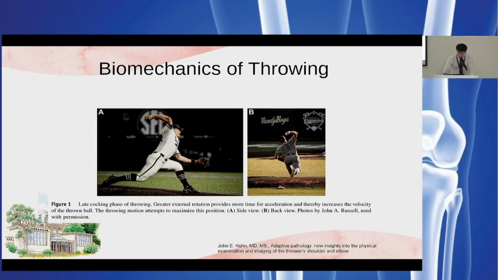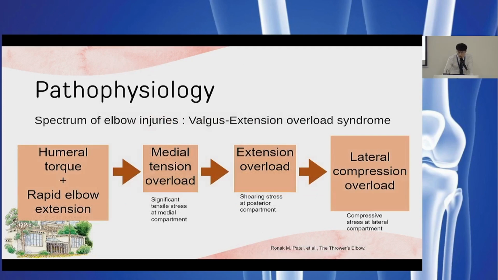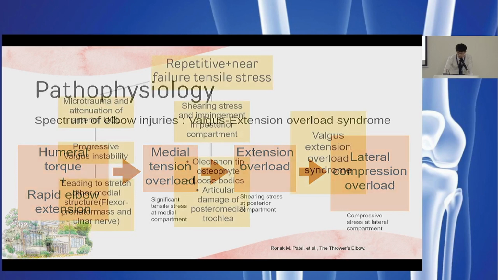The acceleration phase can cause 64 Newton meters of valgus torque at the elbow, while the tensile strength of the UCL is only 34 Newton meters, so the UCL is weakened over time. During overhead throwing, a large valgus force on the elbow created by humeral torque is opposed by rapid elbow extension, creating significant tensile stress along the medial compartment, shearing stress in the posterior compartment and compressive stress in the lateral compartment.